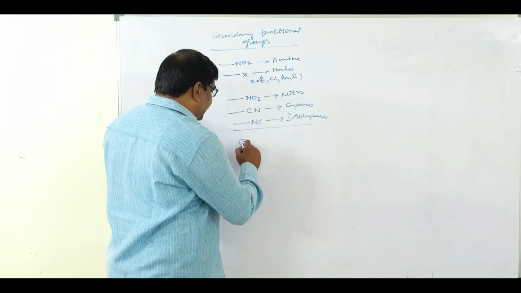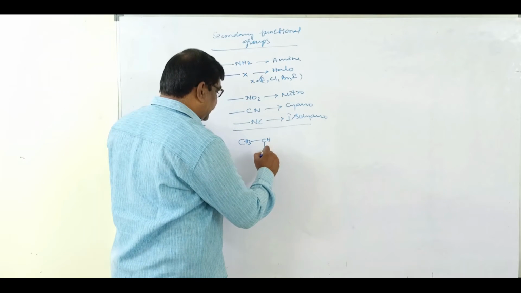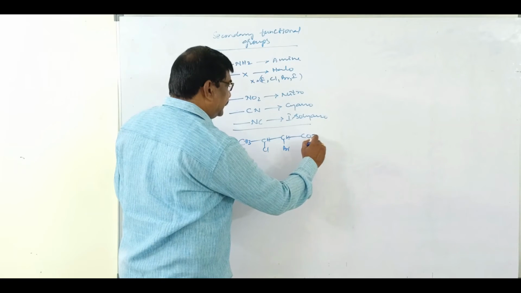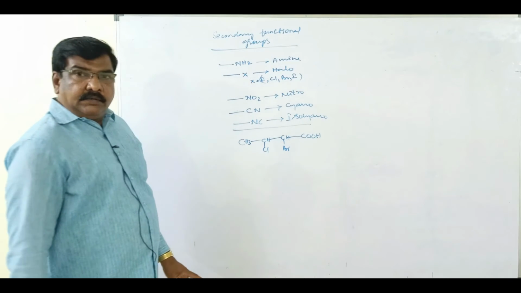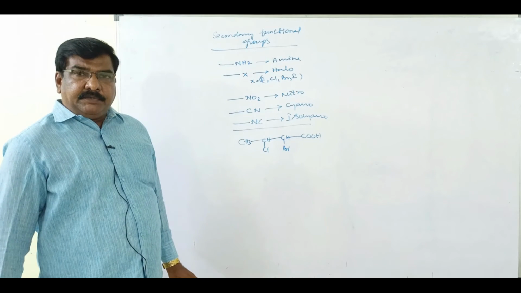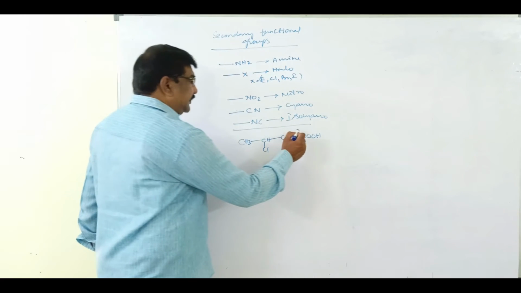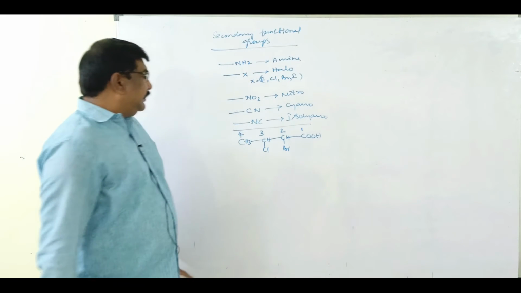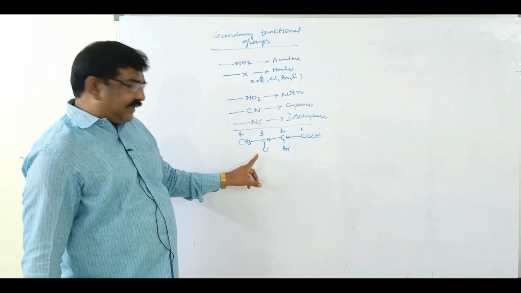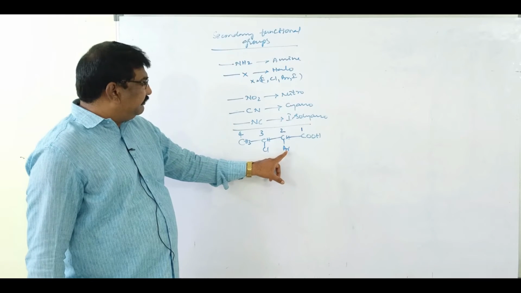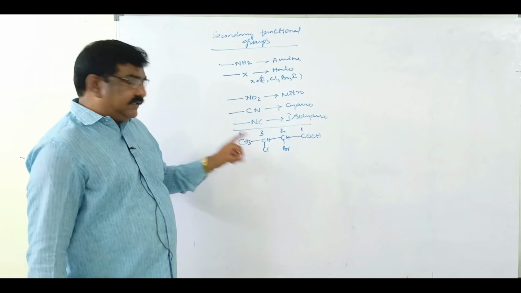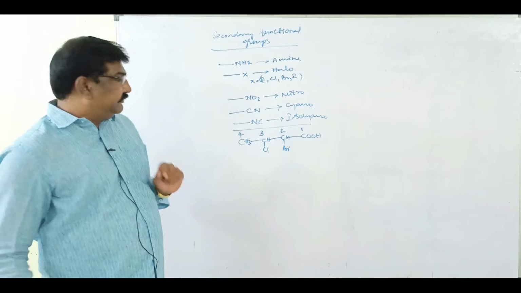Let us consider one example: CH3, CHCl, CHBr, COOH. COOH is a principal functional group. We should start numbering from this side only. Now we have 2 secondary functional group substituents, Br and Cl. Br is bromo and Cl, chloro.